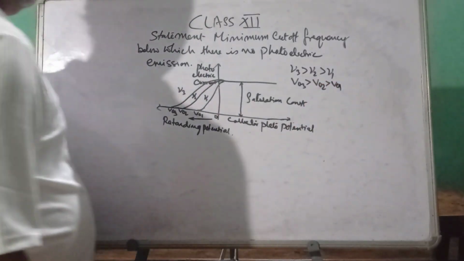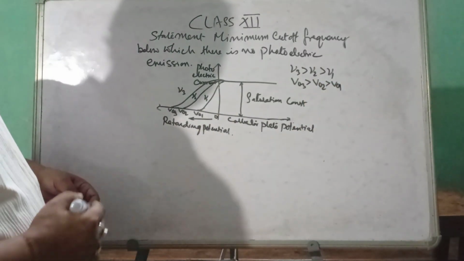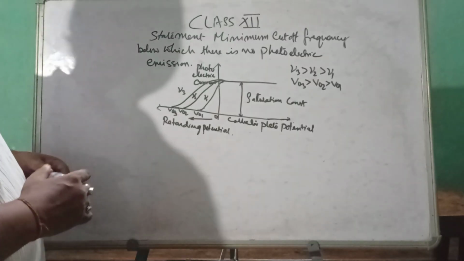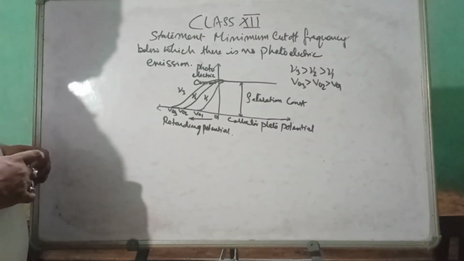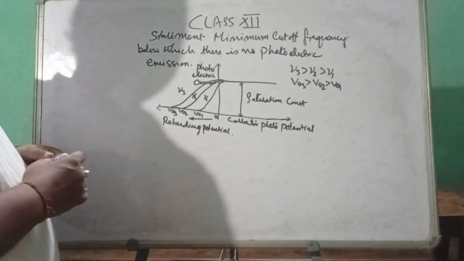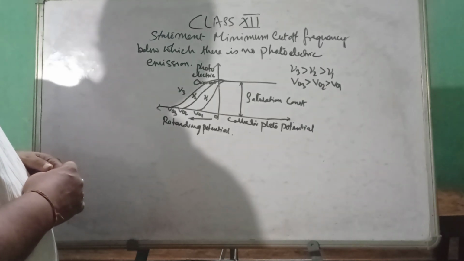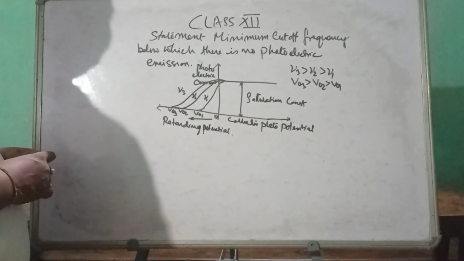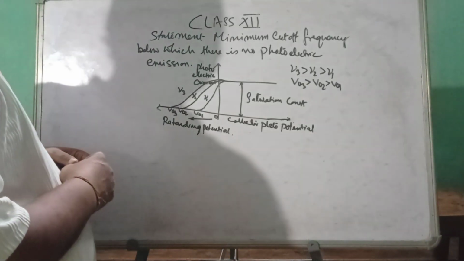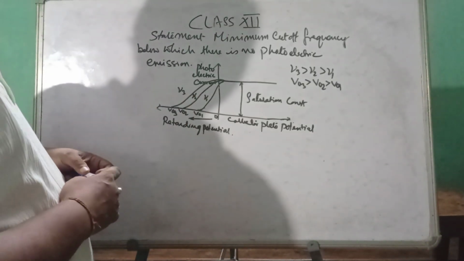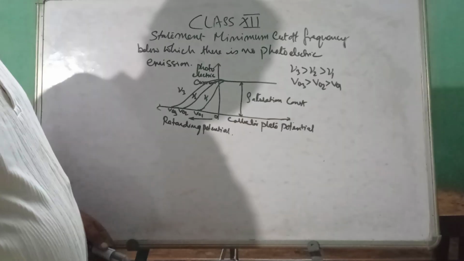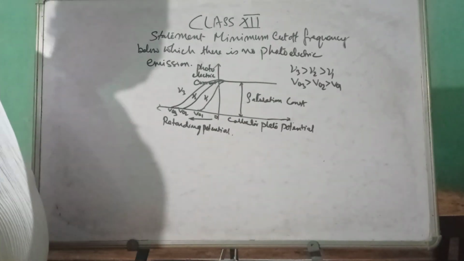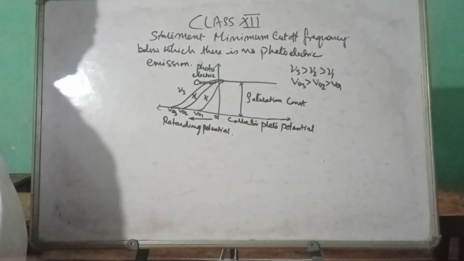This is the result they got. So what conclusion did they draw? That your frequency is related to your stopping potential: the greater the frequency, the greater the stopping potential in the negative direction.